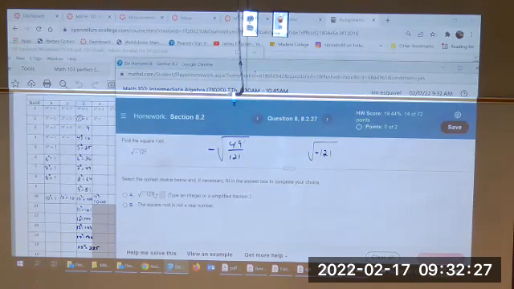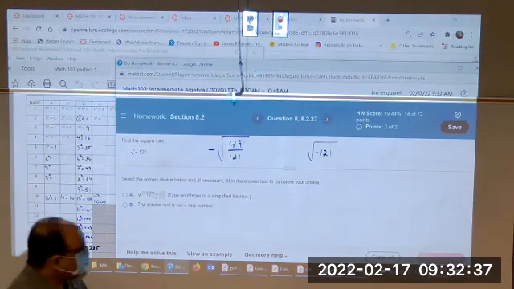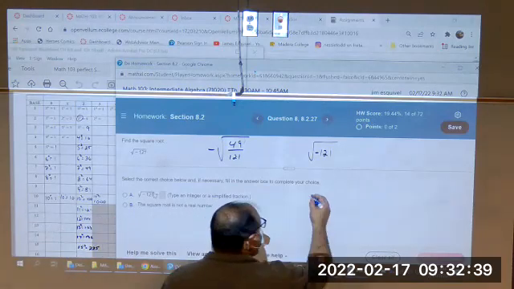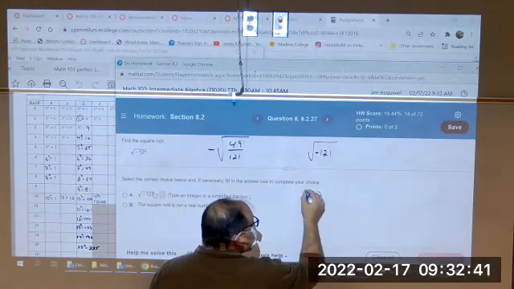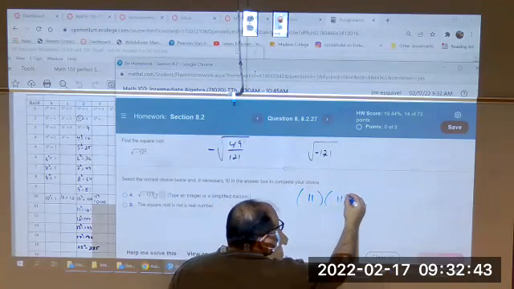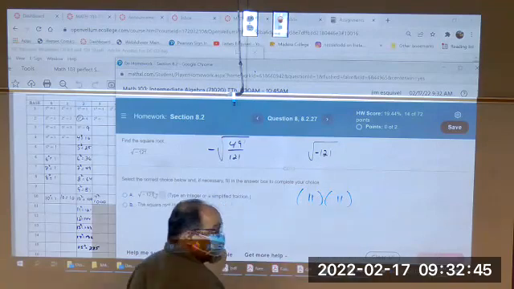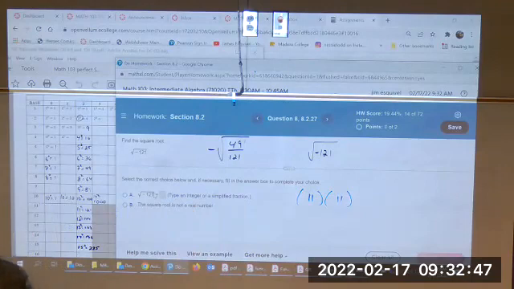Square root is asking me what number times exactly itself, what times itself equals the inside. So I know 11 times 11 would give me the 121, but it's supposed to be a negative.